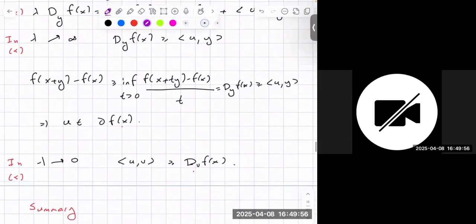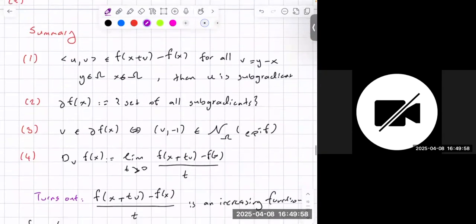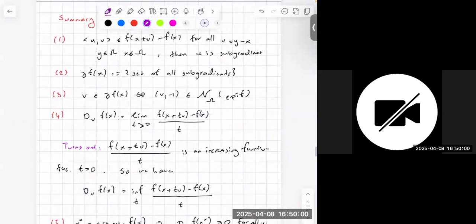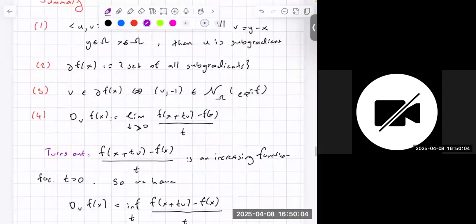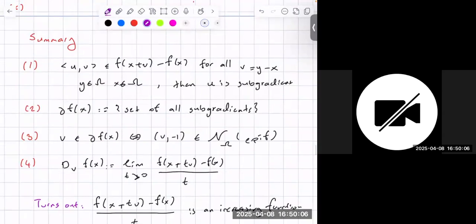Okay, very good. Now let's do a summary of what we did so far. A subgradient is the type of vector where f(x + v) minus f(x) is always greater than u times v. That kind of u is the subgradient.